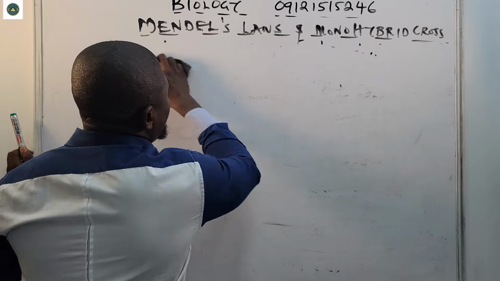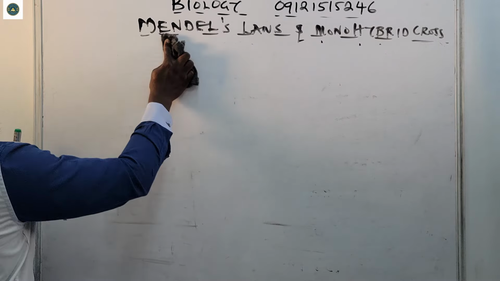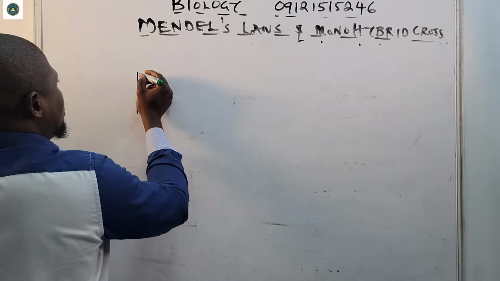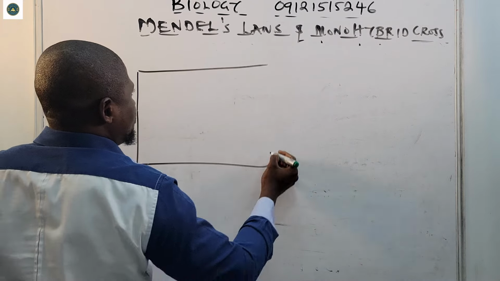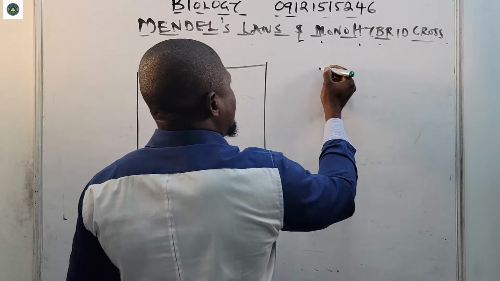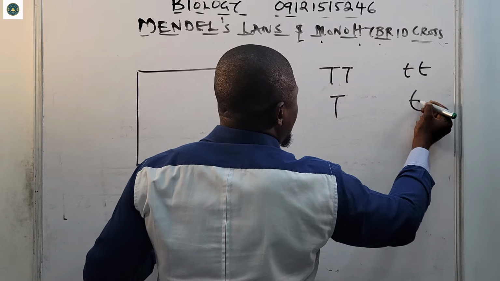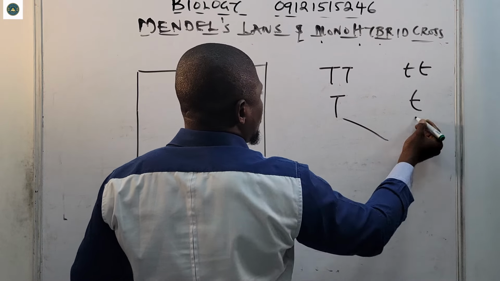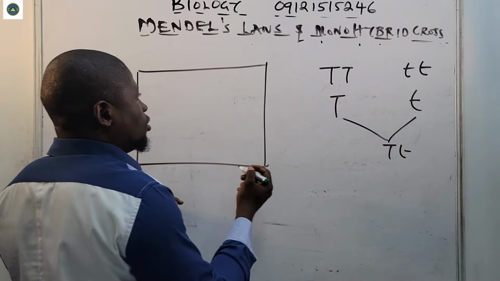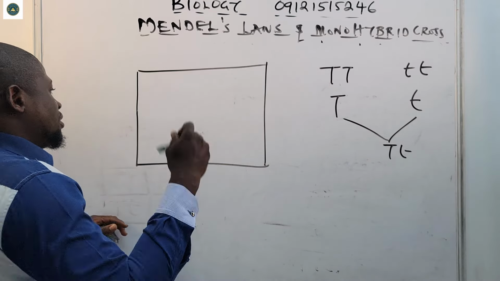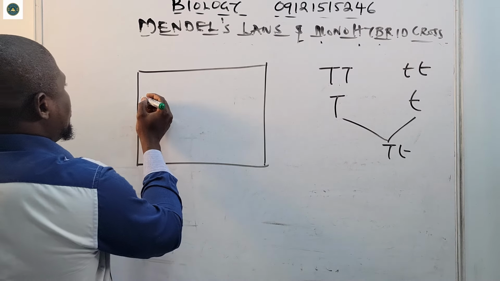If you use the Punnett Square for the first generation, what do you see? This is the Punnett Square now for Mendel. We crossed pure tall plants, so let us see the Punnett Square to do the cross.